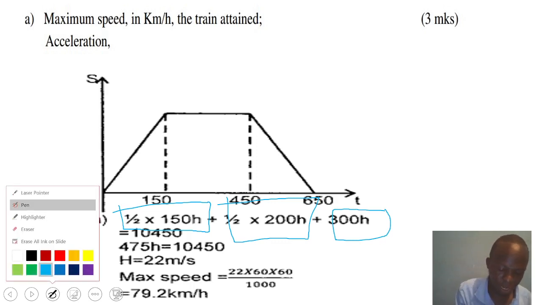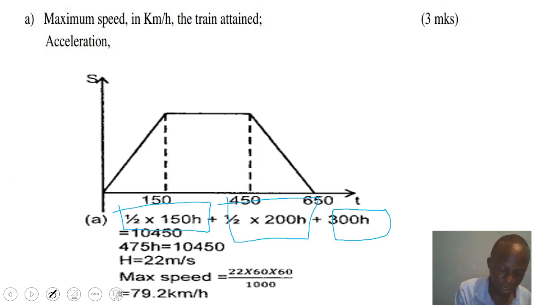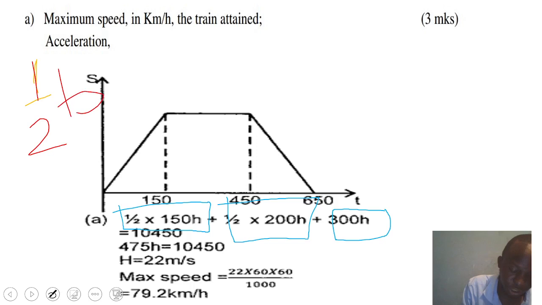Now maybe we can try to explain how it has happened. We all know that the area of a triangle is given by a half BH.